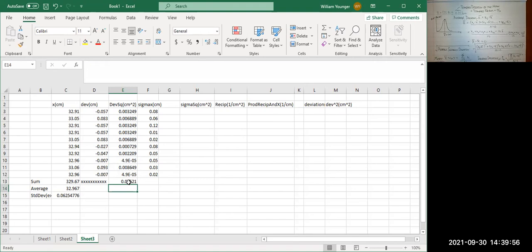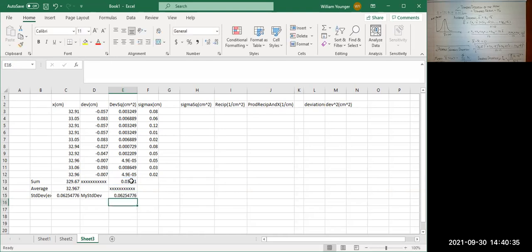I do not want to take the average of this. So just to make sure my formula matches what Excel's doing, I'm going to take this sum here, and I'm going to take the square root of this sum divided by parentheses 10 minus 1, which is just going to be 9, close parentheses.